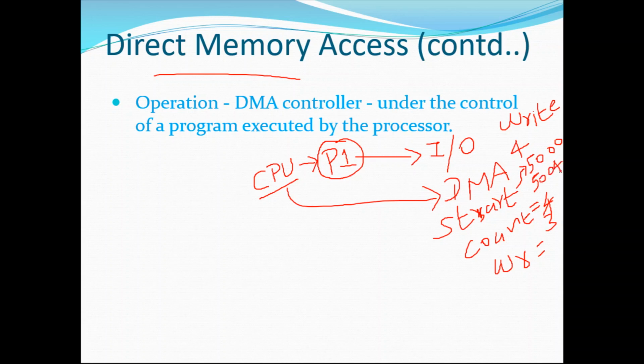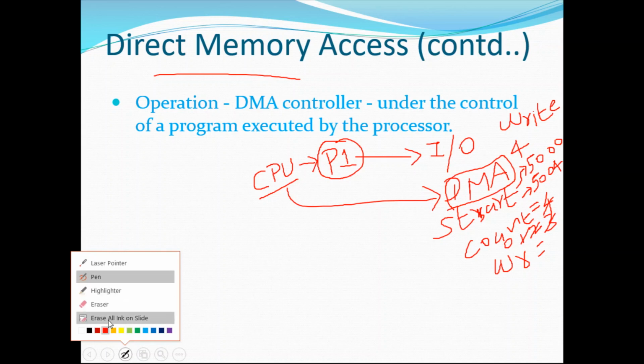So the next content will be written to 5004. Then the count will decrement to 2. Next will go to 5008, then it will decrement to 1. Next it will write to 5012, then it will decrement to 0. When it reaches 0, the DMA controller will understand that this write operation is completed, right?